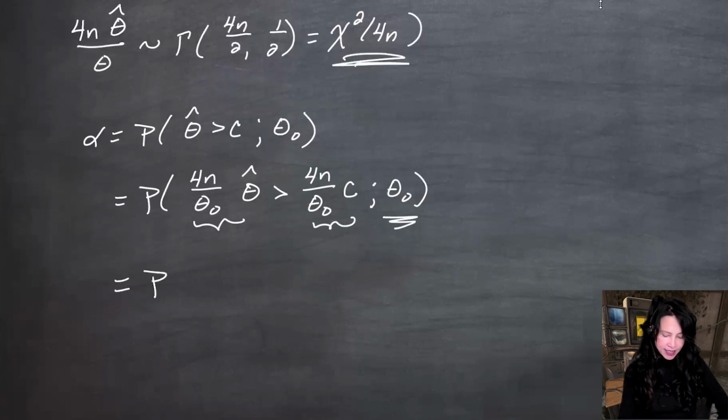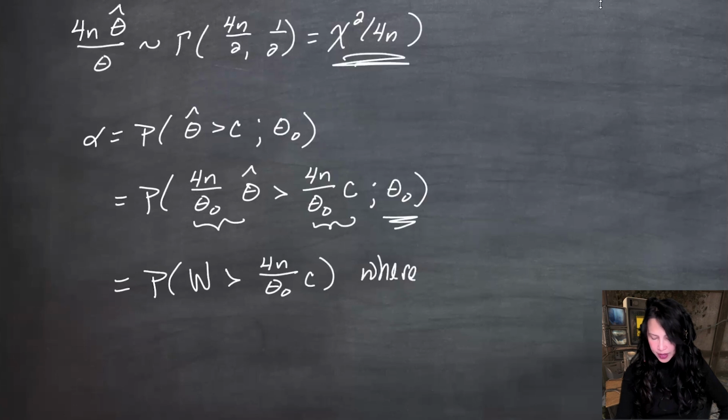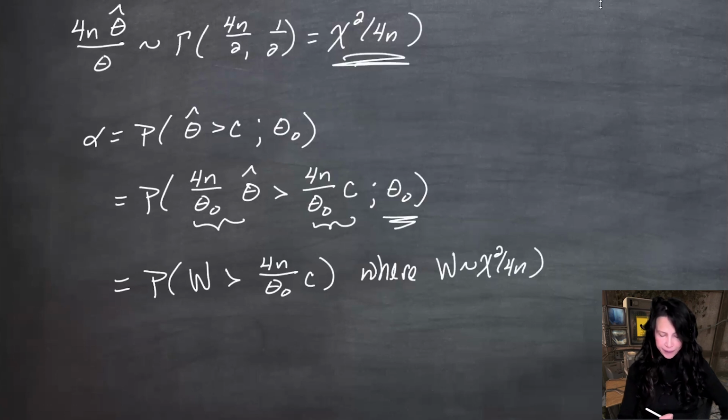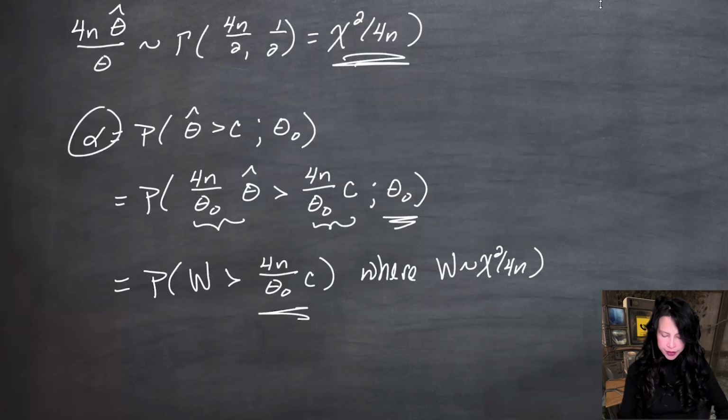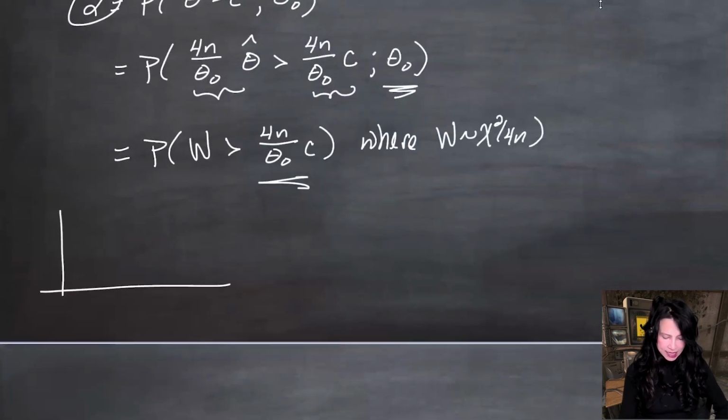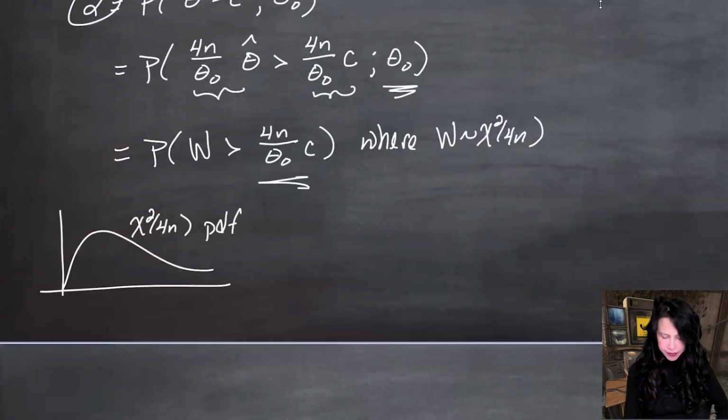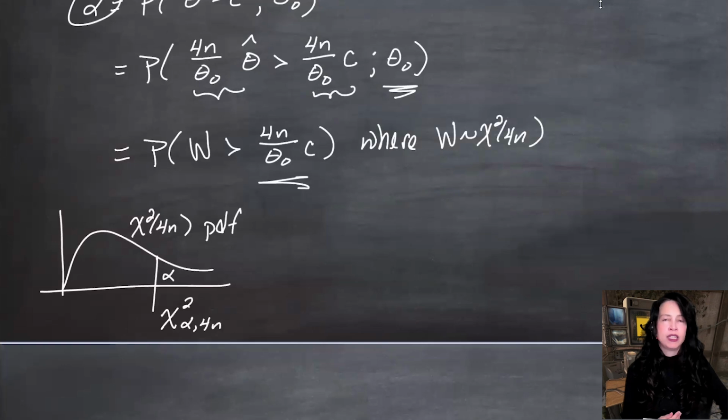So here's where we write something like W greater than 4n over theta naught times c, where W has a chi-squared 4n distribution. And I want to be above something with probability alpha. So if we look at a chi-squared 4n PDF, the number that will be above with probability alpha, we call this chi-squared alpha comma 4n, or you might call it something else, but that's the notation I've been using in here.